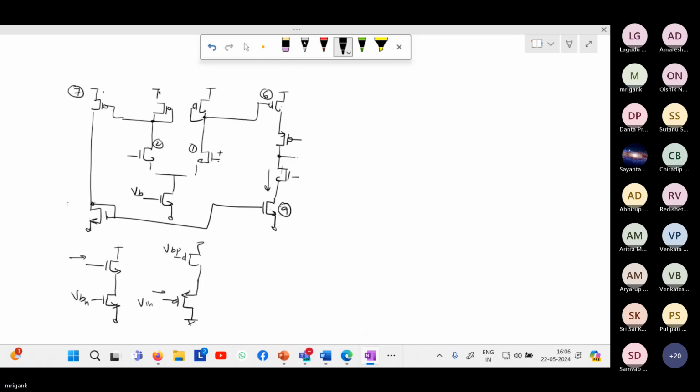Yes, anybody? So it will depend on the common mode of the signal we are applying.